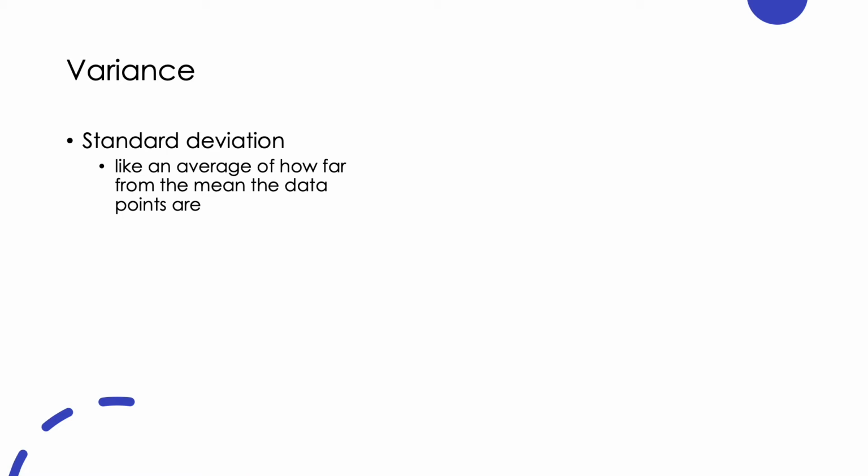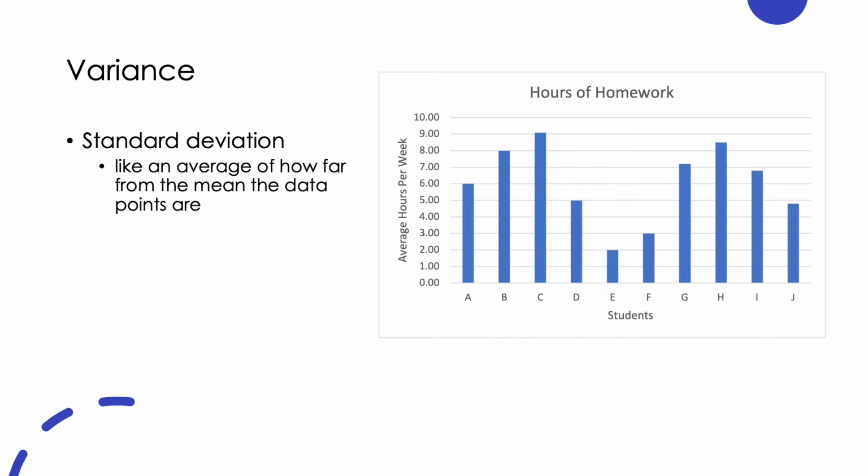Let's do a quick review of variance. You know that the standard deviation is like an average of how far from the mean the data points are. So if I gather the number of hours on average that each student spends on homework, I can determine that the mean for the group is 6.04. Each student's time has a distance or deviation from that mean.